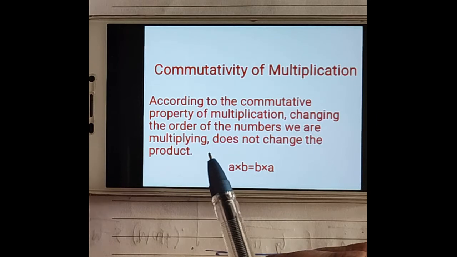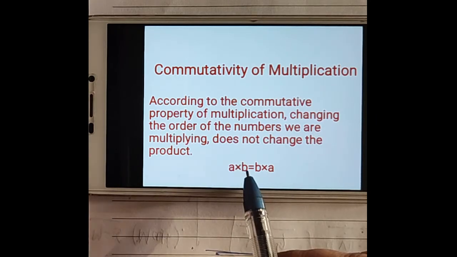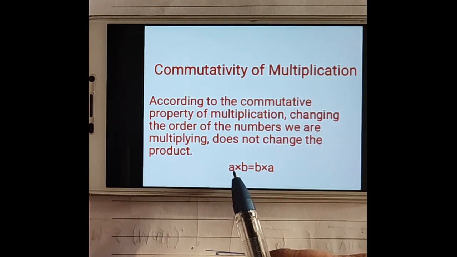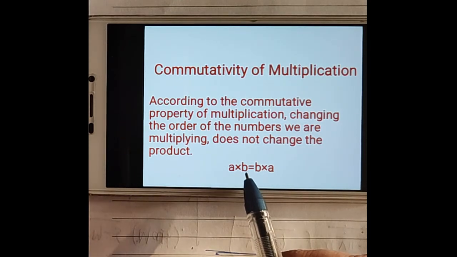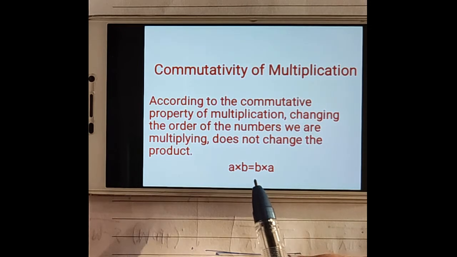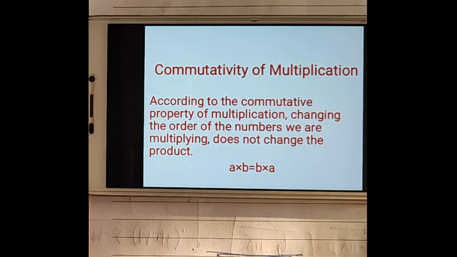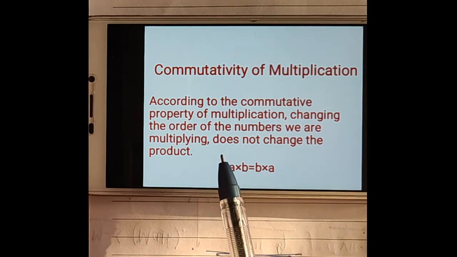If you multiply a into b or b into a, the result will be the same, right? Take the example: 2 into 3 is equal to 6. So 3 into 2 is also 6, isn't it? Changing the order won't give you different results. If the results are different, that doesn't follow commutativity. You have to use the same numbers and change the order.